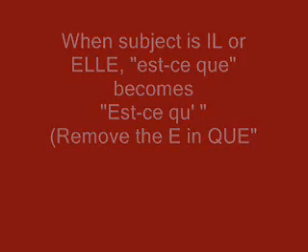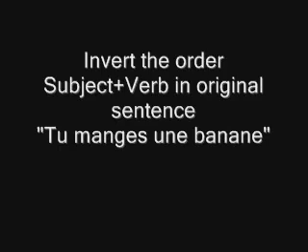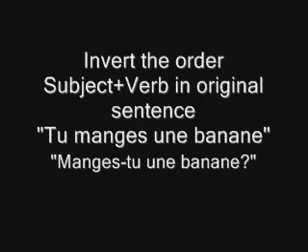Alright, okay, the other way of doing this was by inverting the order of subject and verb. The affirmative sentence has this order: subject plus verb plus object. Tu manges une banane.